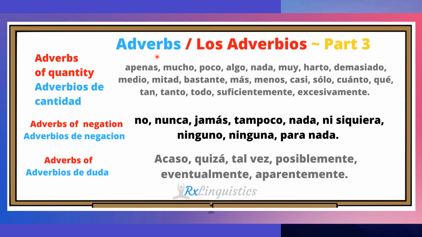Or corres rápido, okay? So you use the adverb to modify the verb, you use adverb to modify adjectives, and you use adverb to modify other adverbs. Muy bien, which is very good, or very well.